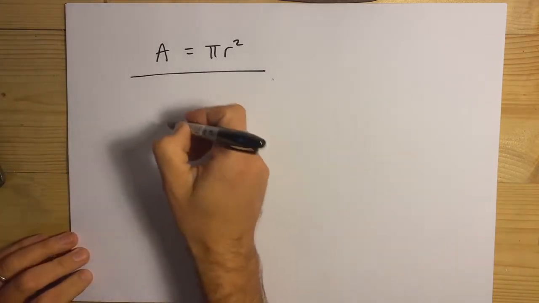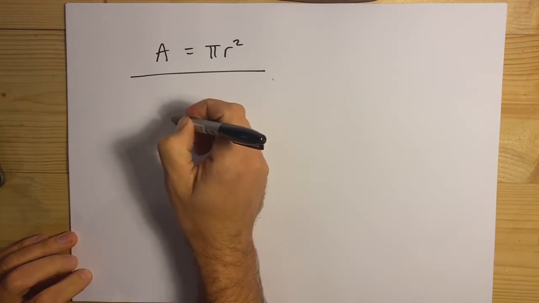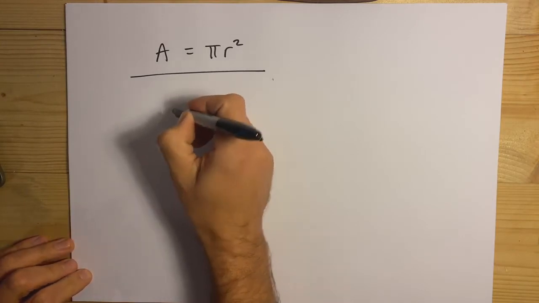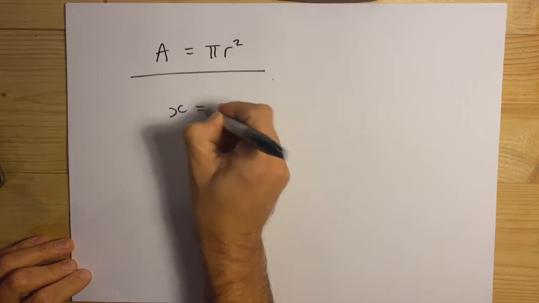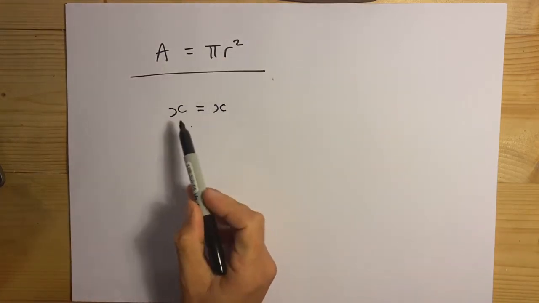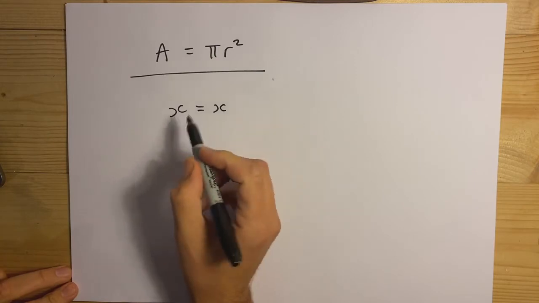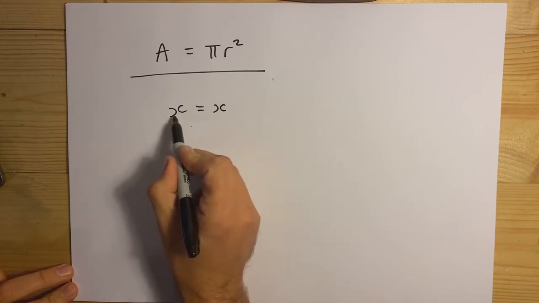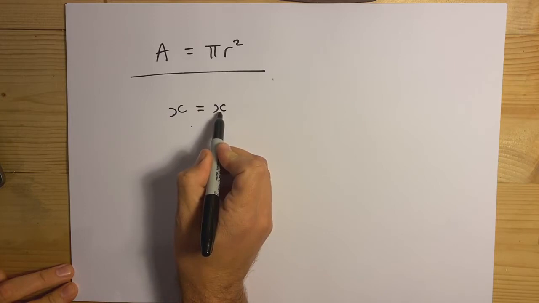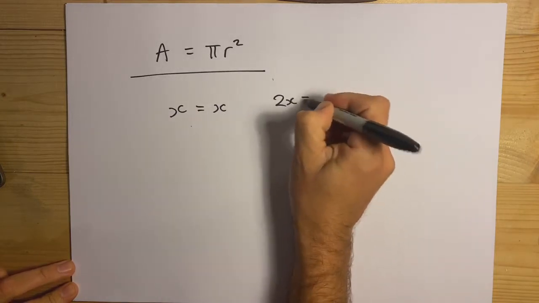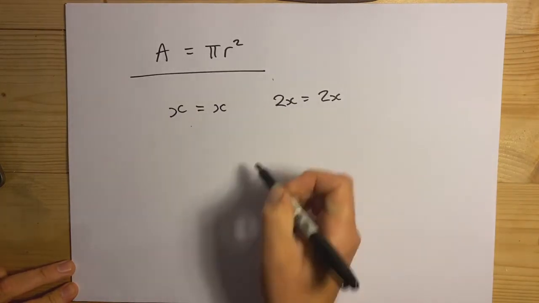Okay, we'll come back to that in a second, but let's just think about what the basic rules of algebra rearranging are. We have to do the same thing to both sides of an equation. So let's imagine we've got x equals x. I think we can agree that would be correct, right? So if we multiply this side of the equation by 2, we have to multiply this side of the equation by 2. So 2x equals 2x. Trivial, right?